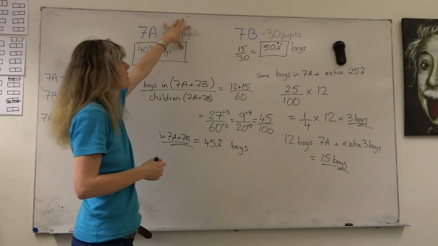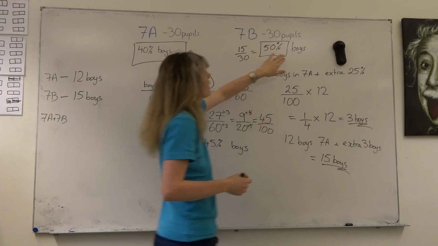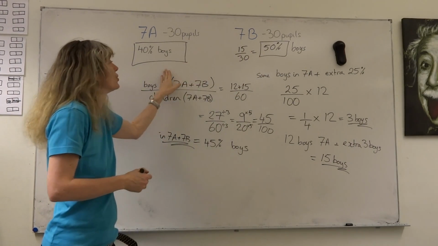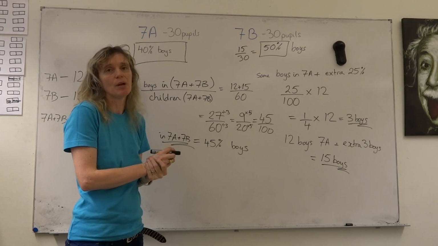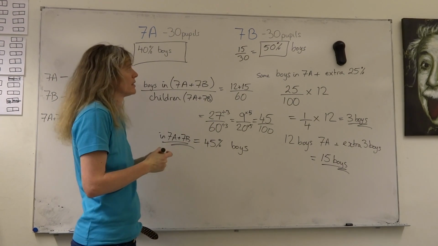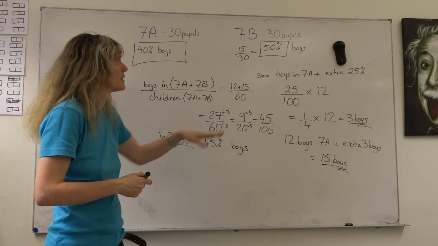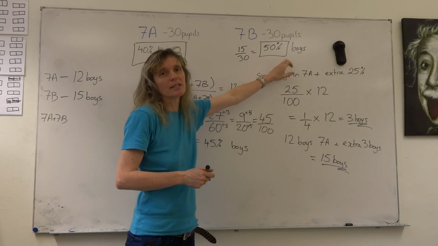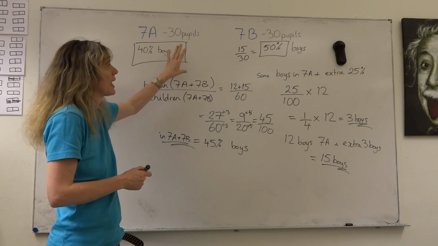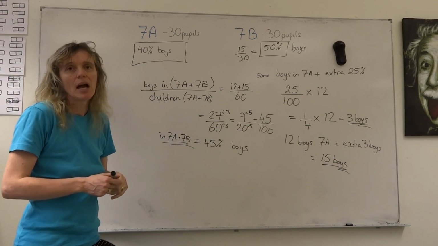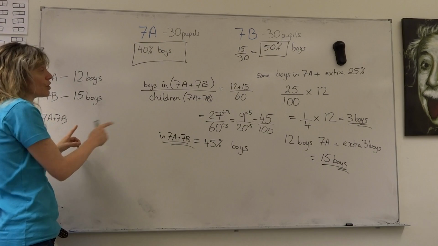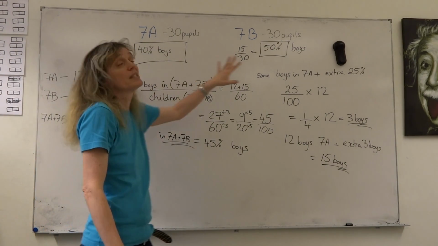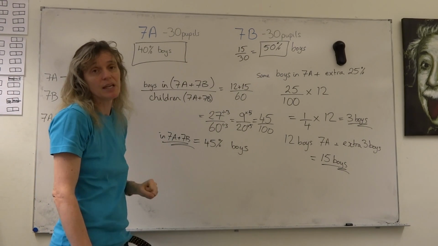So when the class sizes are the same, we can take the average percentage of these two classes, but only if there's exactly the same number of pupils in both classes. If we were to exaggerate and say there was 100 pupils in this class and only 10 pupils in this class, we could not take the average percentage, because if you tried to add them and divide by the total number of pupils, you would see the difference in percentage that you get.